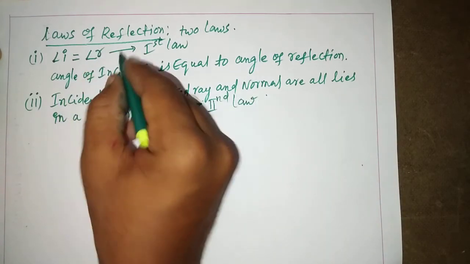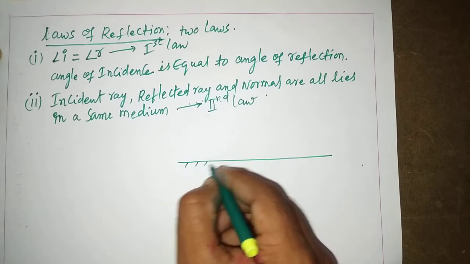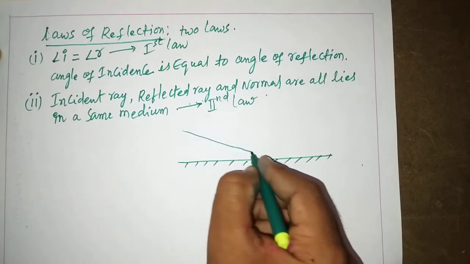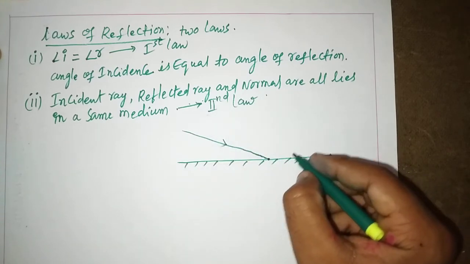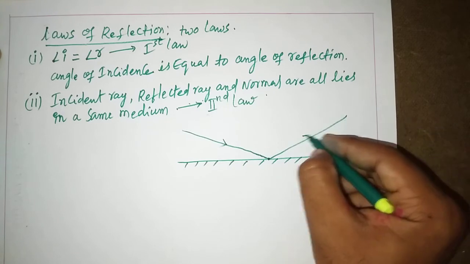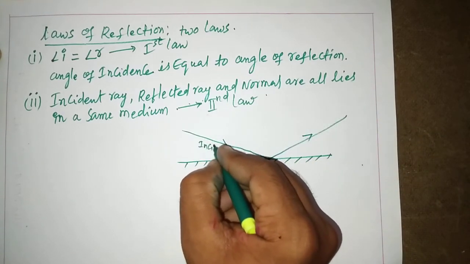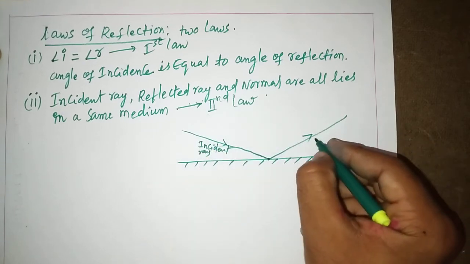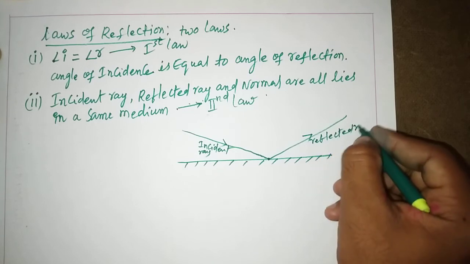For understanding these two laws, let us discuss once again. We have to discuss the same phenomenon. We take an incident ray. After striking, it bounces back into the same medium. This is the incident ray, and this is the reflected ray.